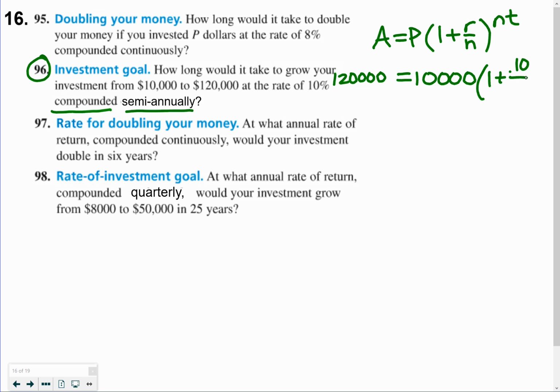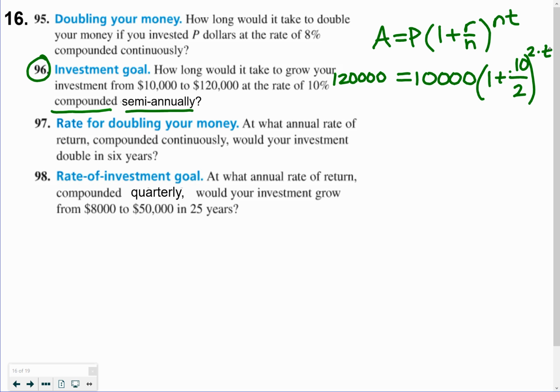N is how many times we compound per year. So if it's semi-annually, what number do we use? 2. If it's annually, what number do you use? Quarterly? Monthly? Okay. 2 times, and then T is what we're solving for here, right? Got it. How long will it take?